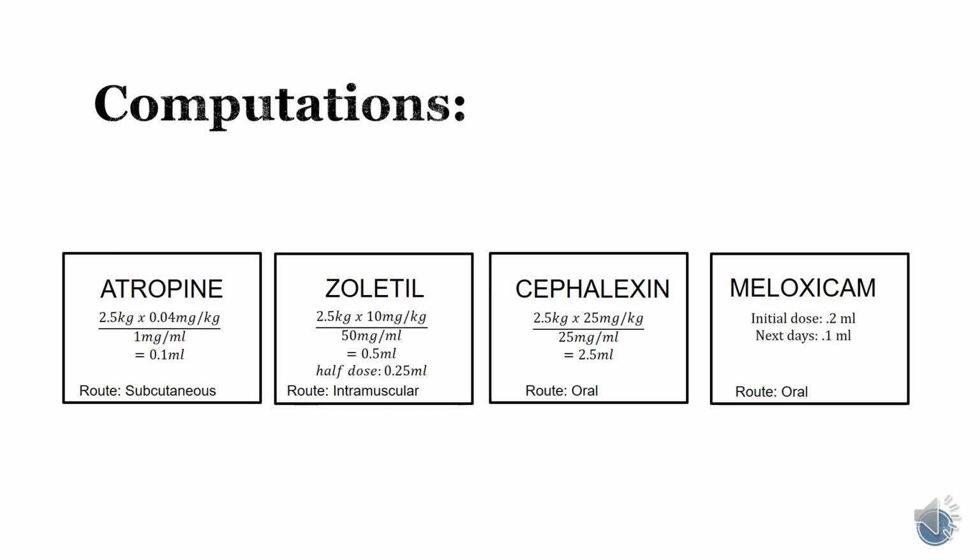For the take-home medications, we have cephalexin, 2.5 ml given orally, and the meloxicam, which has the initial dose of 0.2 ml, and for the next days it was given orally with 1.1 ml.